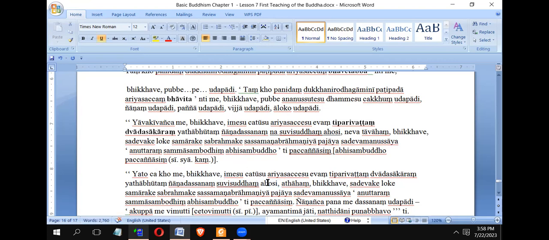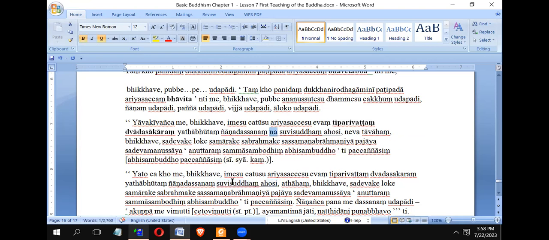The difference is here is not, right? Here doesn't have the not. Atthaham bhikkhave sadevake loke samarake sabrahmake sassamanabrahmaniya pajaya devamanussaya anuttaram sammasambodhim abhisambuddhoti paccannasim. Okay. Here, neva tavaham. Neva tavaham is also a double negative here: not and not.